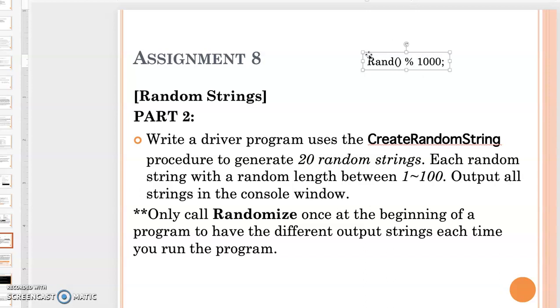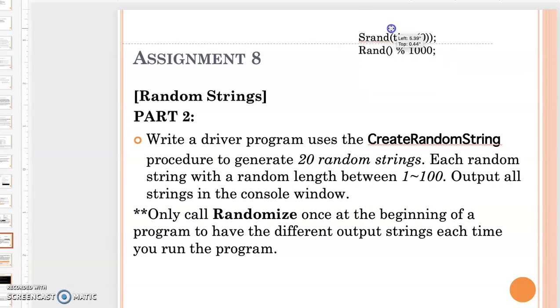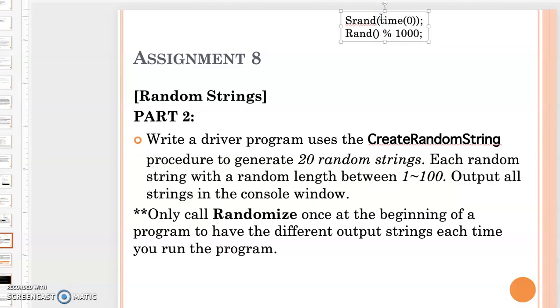But because your rand function every time uses the same seed, that's why in C++ we use the srand. Most of the time, you use the time function to find the current time, so you can provide the seed to the rand function. So that every time we run the program, it won't be the same.